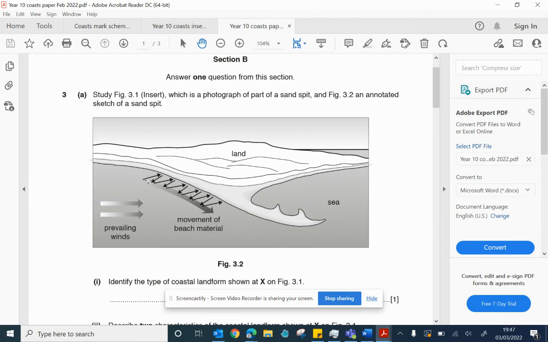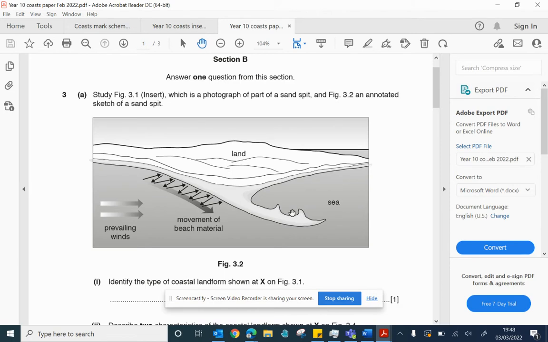Longshore drift moves sediment along the beach in a zigzag motion. 2nd mark. When the coastline changes direction, this allows the deposition of sand in relatively shallow water. 3rd mark. 4th mark. The spit can develop a recurved end if the wind changes direction.